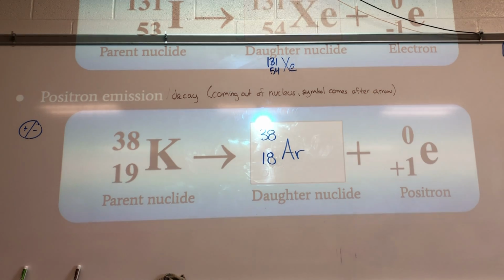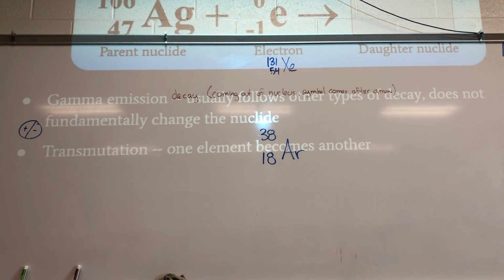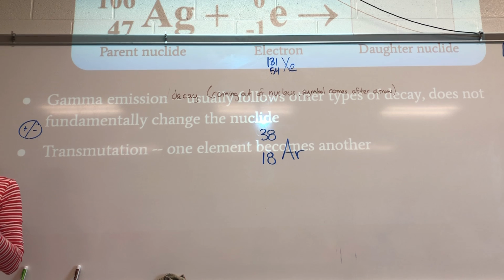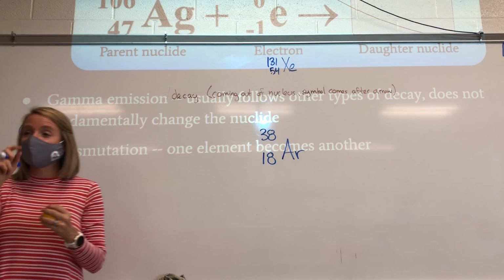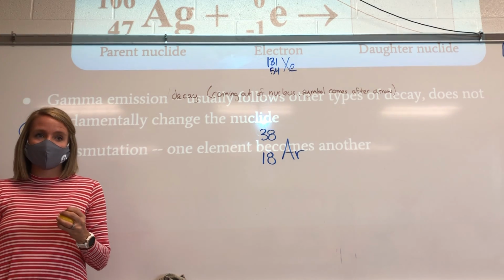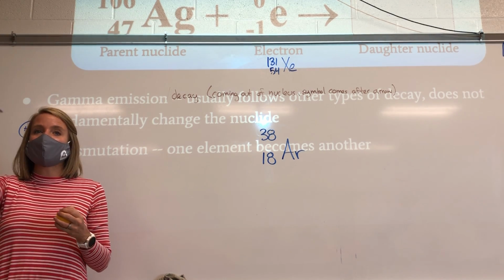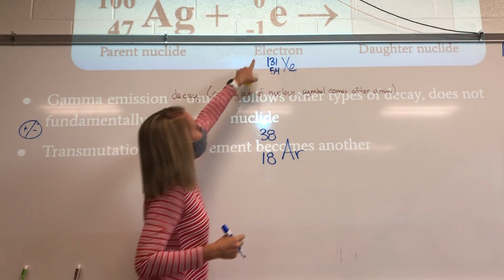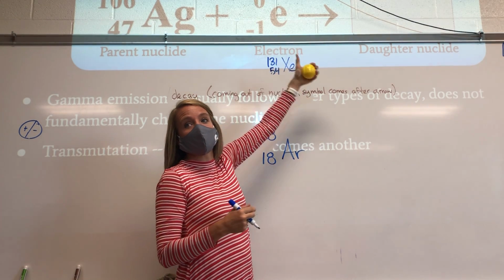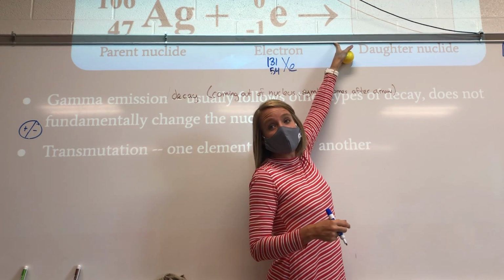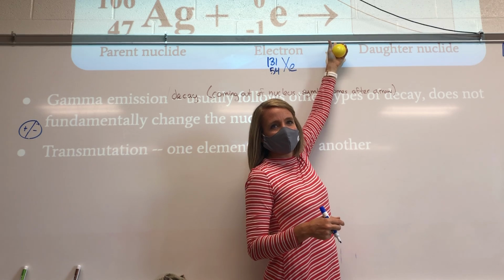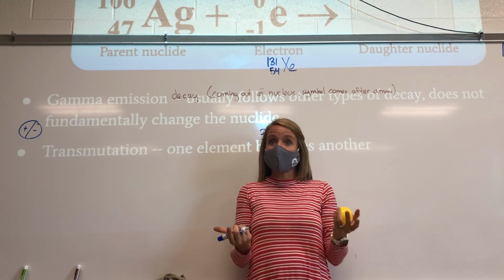Okay. Let's look at an electron capture. So here's the opposite word of what Camille was writing down. Emission or decay means coming out. Capture means going in. So notice now that the electron or the beta particle is before the arrow. That's the difference, which is going to change how you balance it, right?